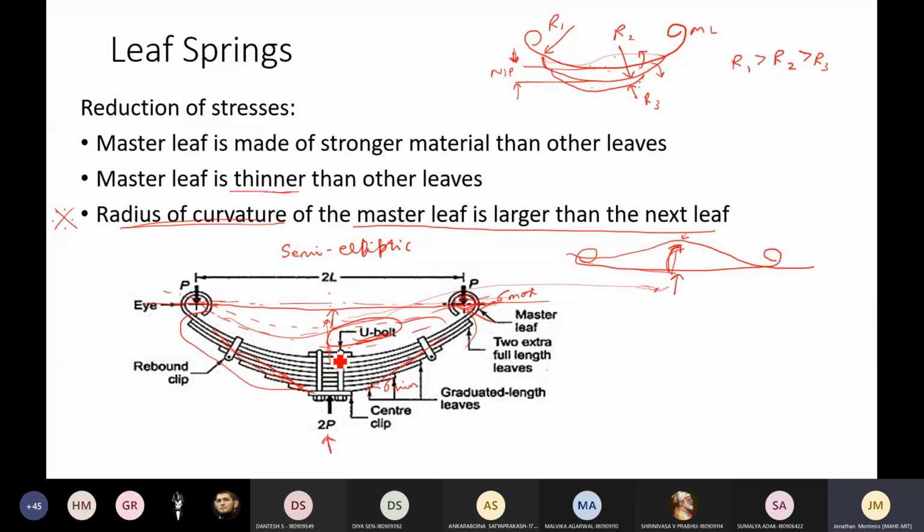So whenever the flexing is there, when you apply the load, you should try to flatten out, and that is when you get the maximum spring action. When you go to the other side, it may begin to even buckle, okay, or give rise to undue stresses. Okay, so this is the reason why springs are made curved, and also we saw why this difference of R1, R2, R3 and so on is maintained.